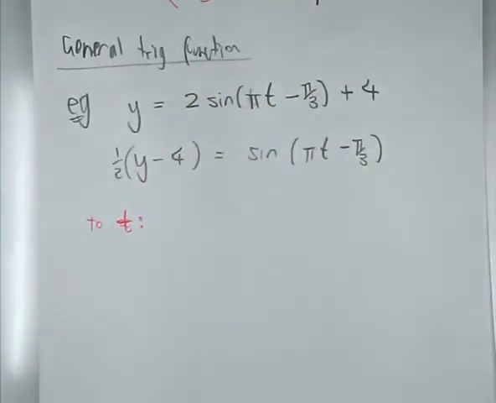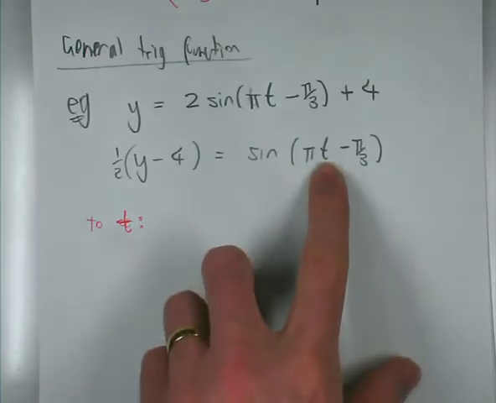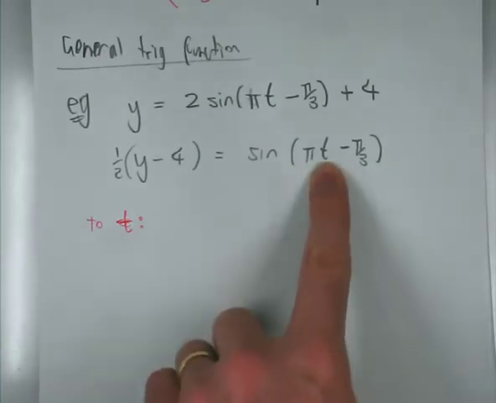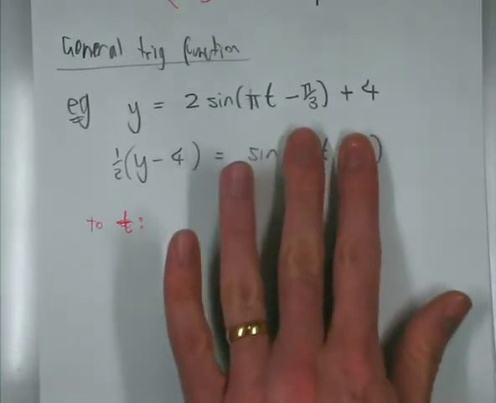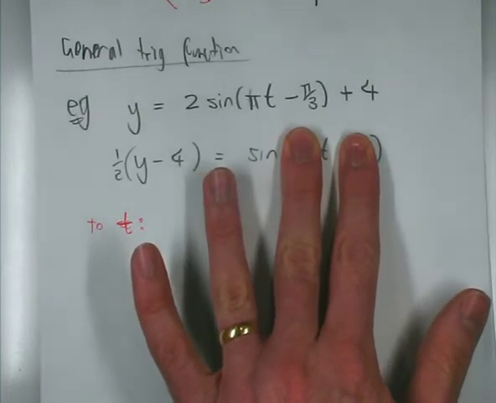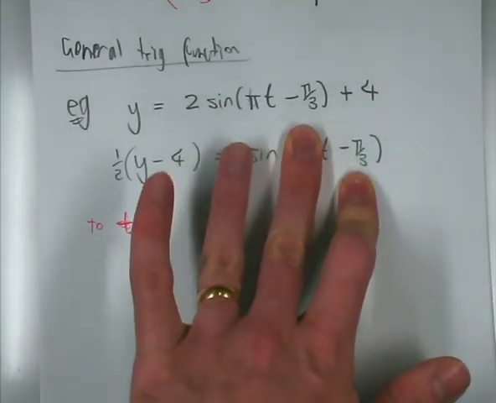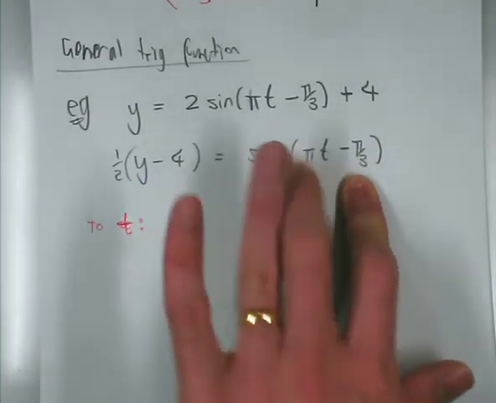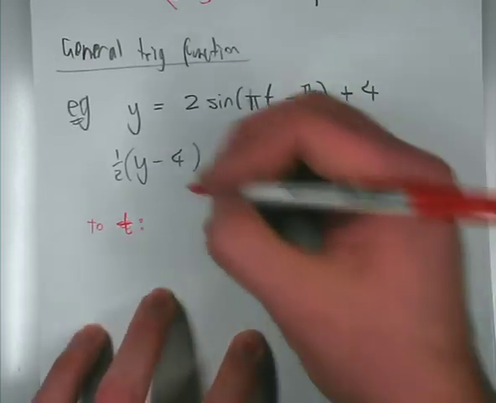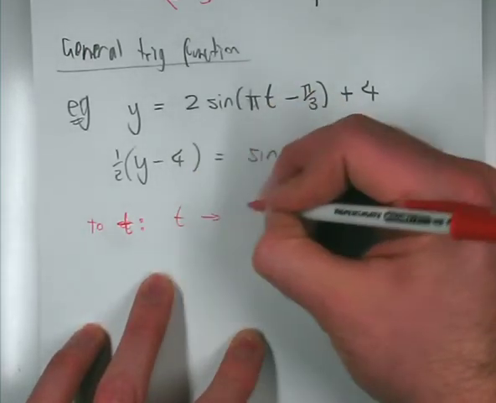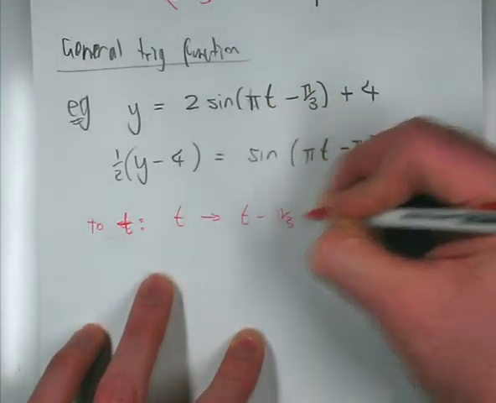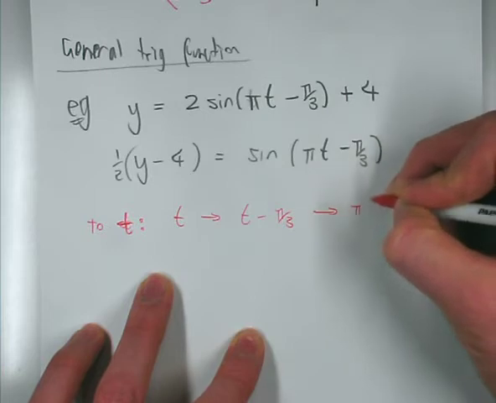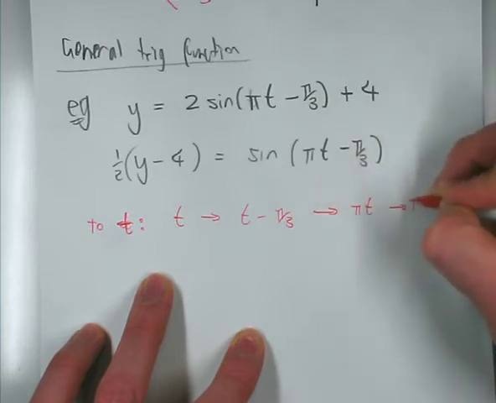So if I think about, I started with just sine t, and I progressively replaced the t with stuff. First I could replace it by t minus pi on 3, and then I could replace the t with pi t. So t was replaced by t minus pi on 3, and then the t was replaced with pi t.